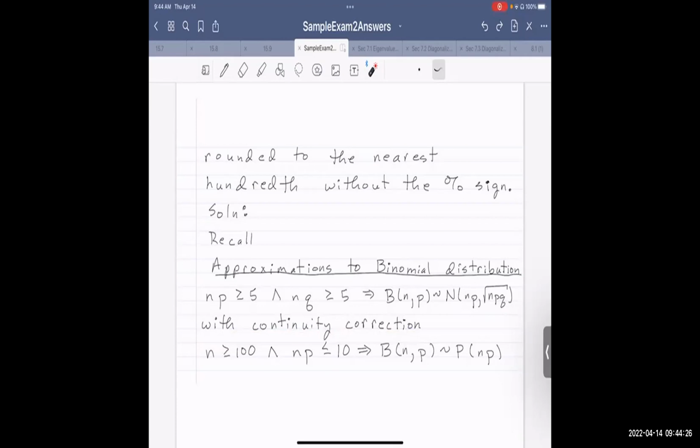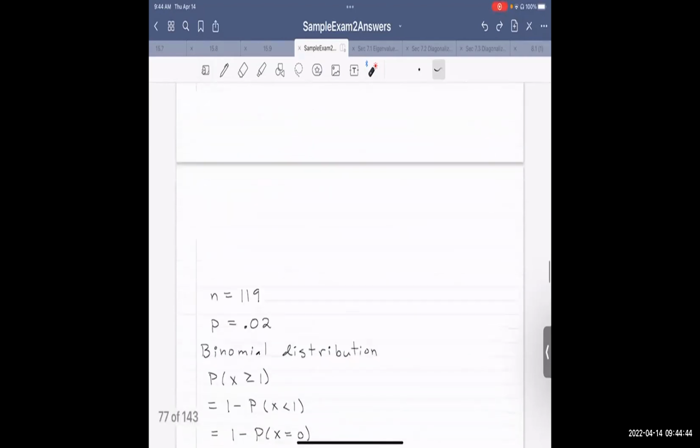If N were greater than or equal to 100 and NP were less than or equal to 10, then we can approximate the binomial distribution with parameters N and P by the Poisson distribution with parameter NP.